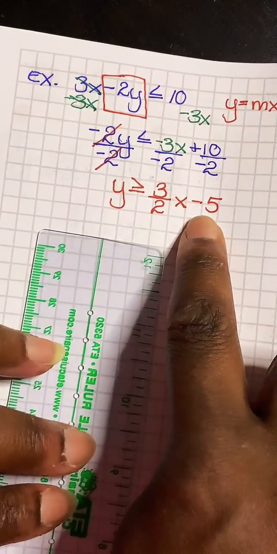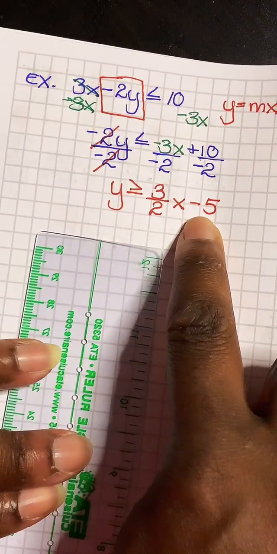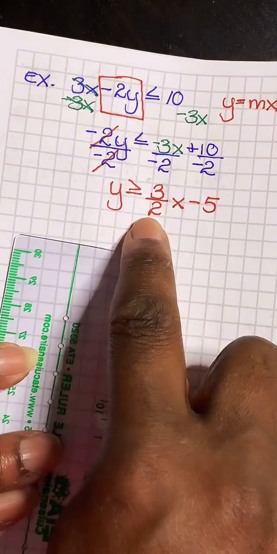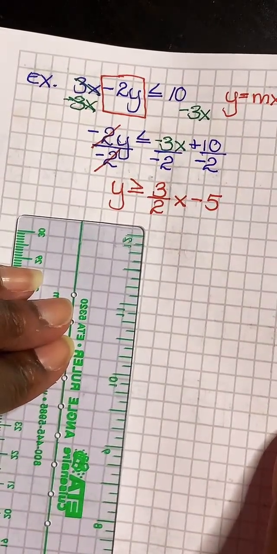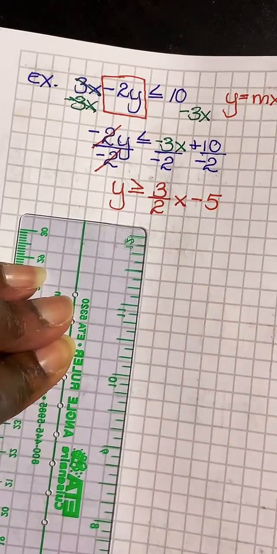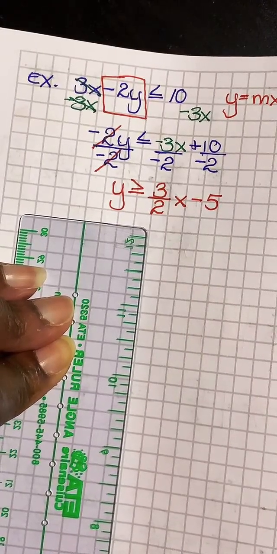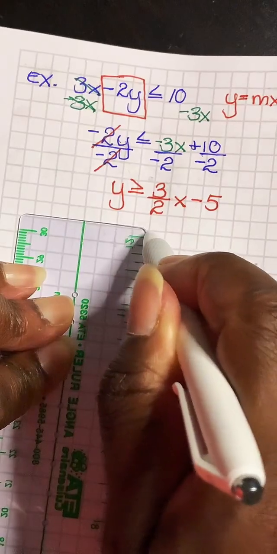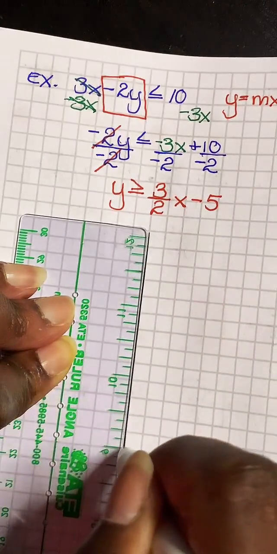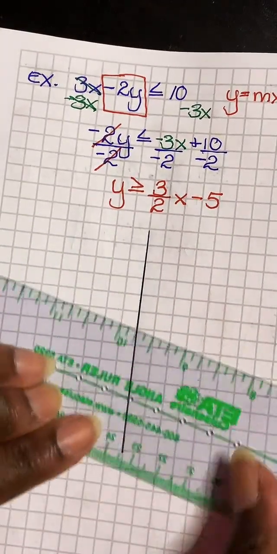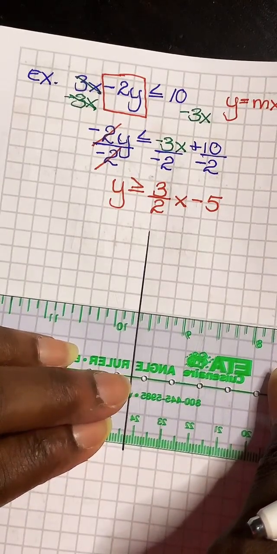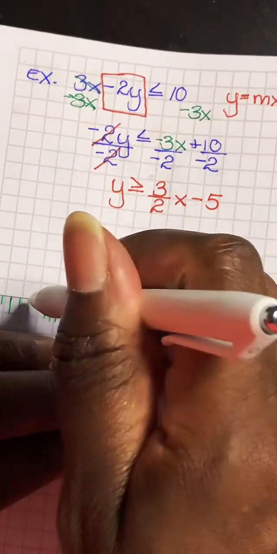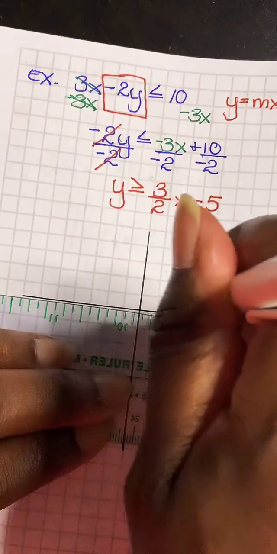I notice my y-intercept is going to be a -5, and my slope is positive. That's going to help me design my graph, because sometimes they give you a graph, sometimes you're going to have to draw your own. It doesn't have to be super large.